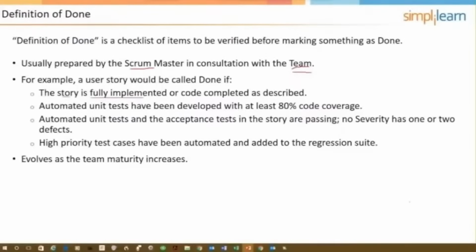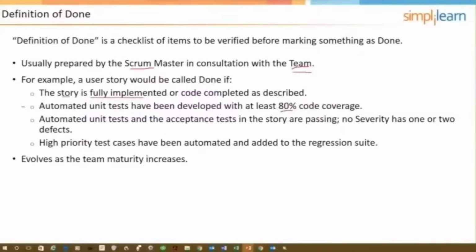So here's a short list of what a definition of done could look like. The story has been fully implemented or the code completed as described. Automated unit tests have been developed with at least 80% code coverage. It could be more than that. This is just an example.